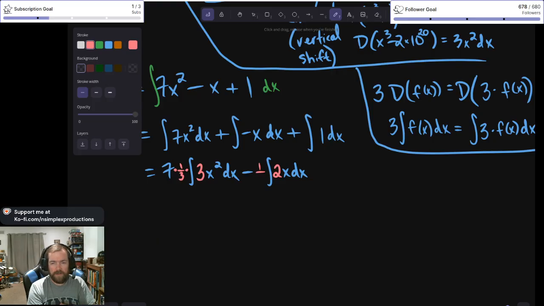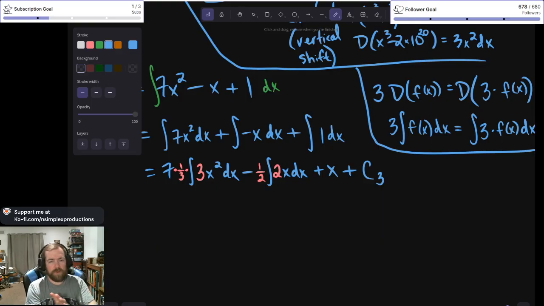And again, we need a balancing multiplier of 1/2 sitting up front in order to make sure that that now works. And then here, the integral of 1 dx is just x. And then also we have a constant value that's going to come from the third term.